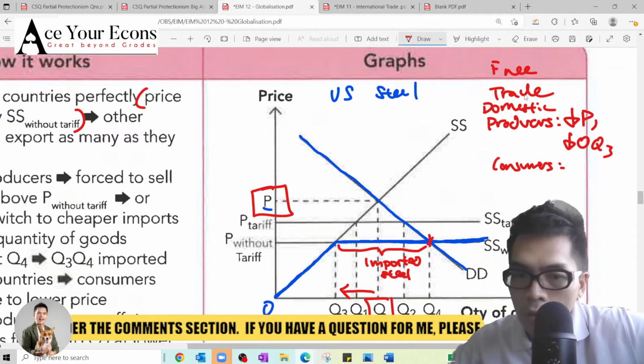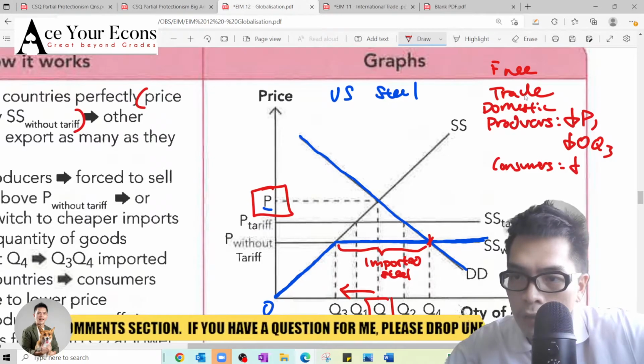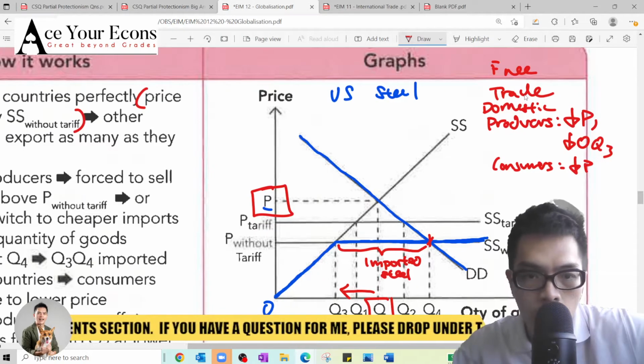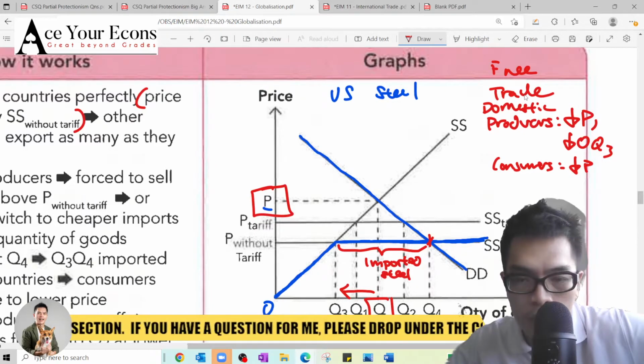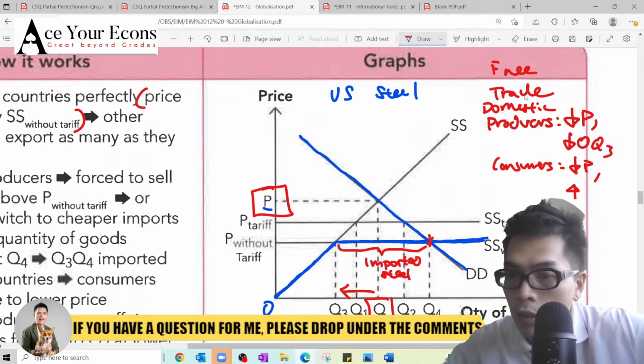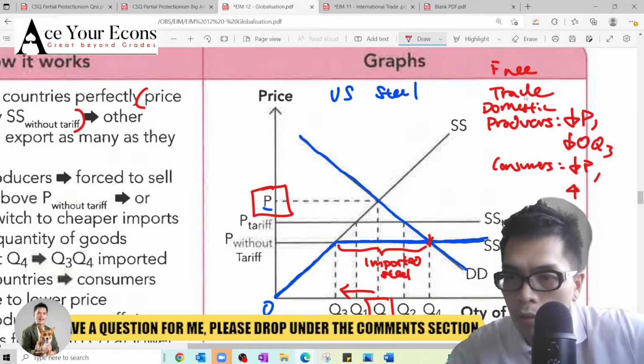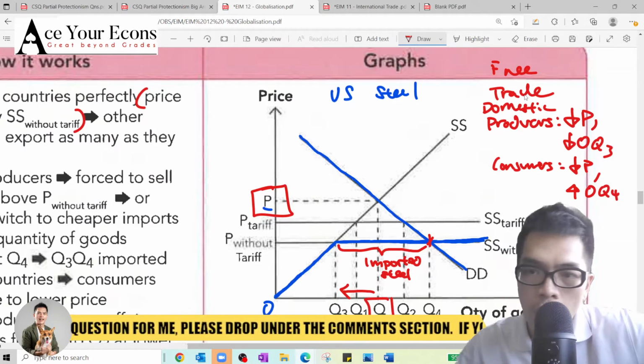Therefore, we can deduce two things. Number one, consumers are better off with lower priced steel, from P to P without tariff. And they are going to experience a higher quantity of steel consumed, from the initial Q all the way up to OQ4. Are you all following me?